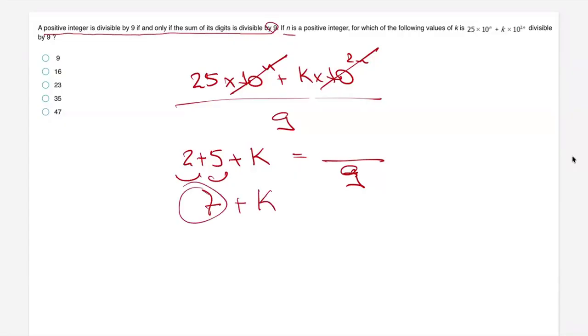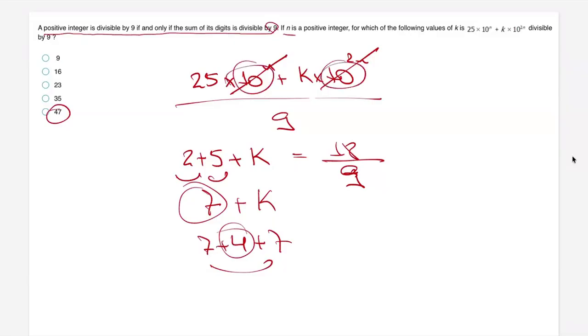Plus k, so 47: 7 plus 4 plus 7 is 14, 18. I put 8 here. Is that okay? Because it's zeros, you don't sum zeros; you only sum the digits. 25 times 10 to the power 3 is 25,000, and I don't add the zeros. Is that okay?